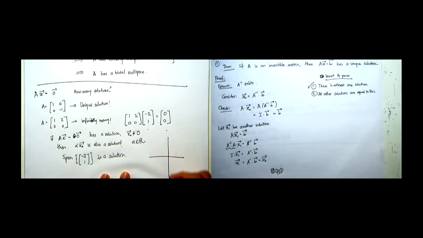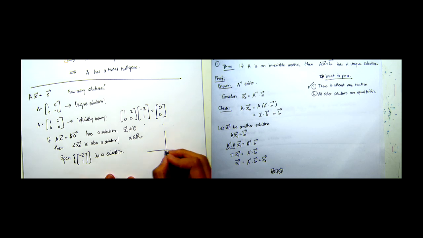And if I was to draw a picture of this, I basically have -2 and then 1, which is basically this vector.